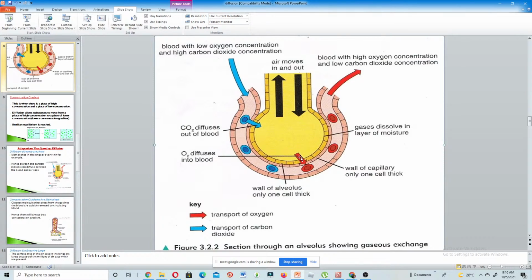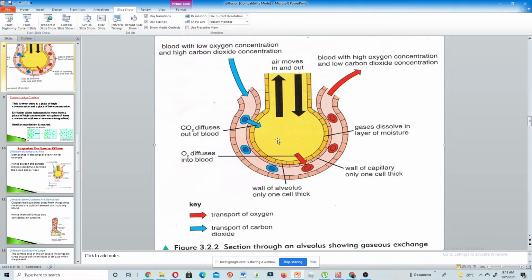So coming that direction. While the oxygen is going into the blood by diffusion, carbon dioxide is doing the opposite, where carbon dioxide is leaving the blood by the same process of diffusion, and once it leaves the blood vessel or the blood capillary, it will now enter this part of your respiratory system known as the alveoli, and following this arrow, the carbon dioxide is now diffusing out of your lungs.